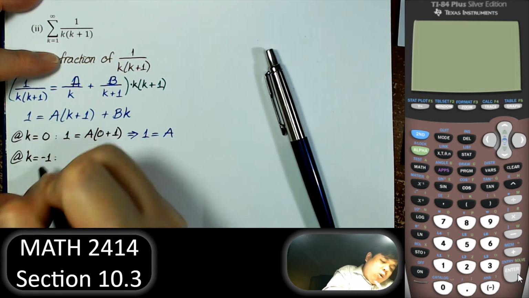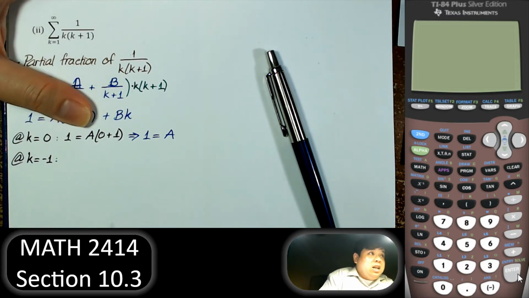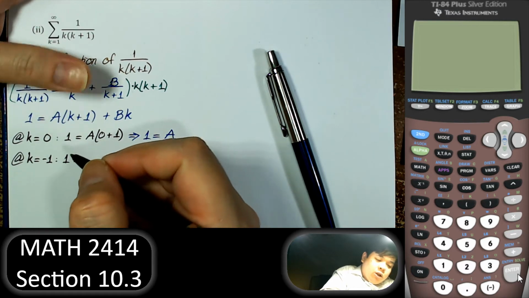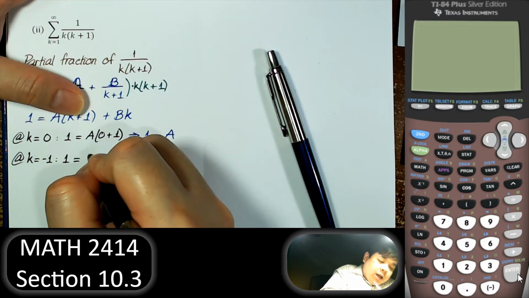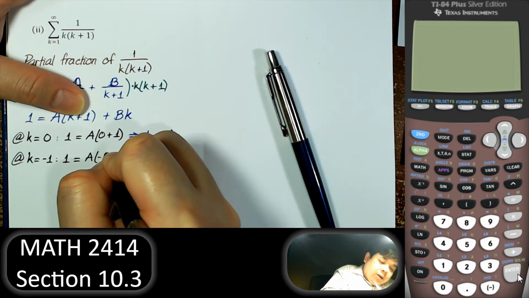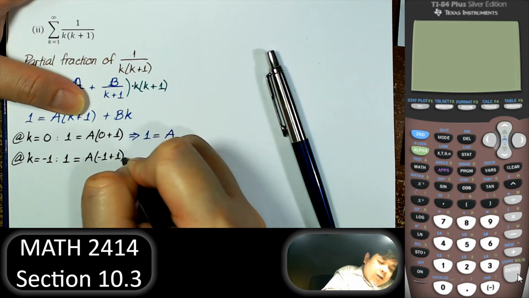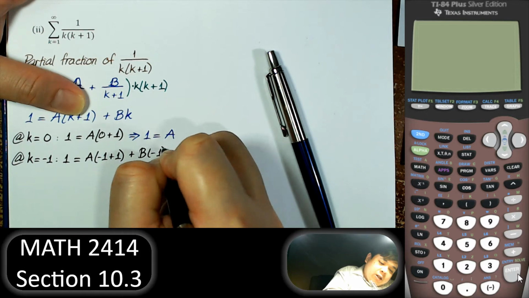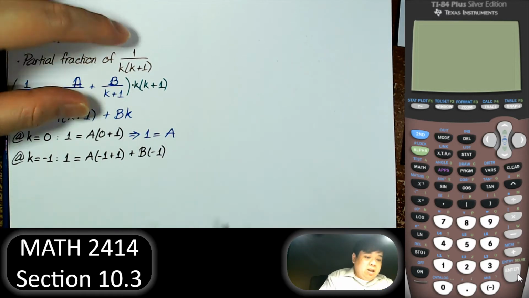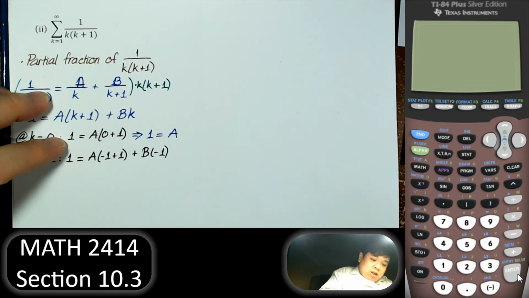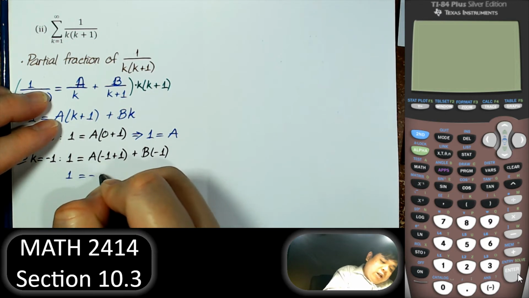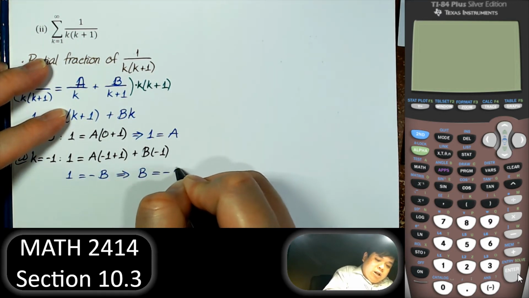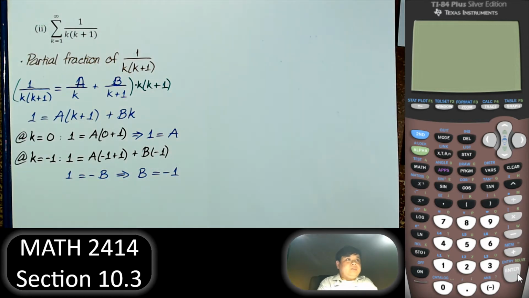Now choose -1 because that will make the a disappear. 1 equal to a times -1 plus 1 plus b times -1. When we simplify everything, that one cancels out. We have 1 equal to -b. So in that case, b is equal to -1.